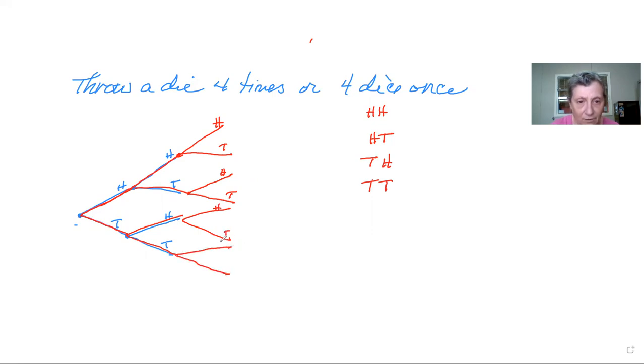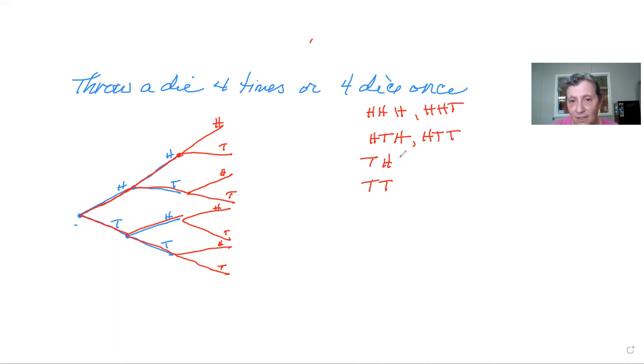And I'm going to have a really hard time trying to squeeze an extra set of lines in here. So if we had heads on the first 2, we could still have a head on the third one or a tail on the third one. If we started out with a head and then a tail, we could still have a head on the third one or a tail.